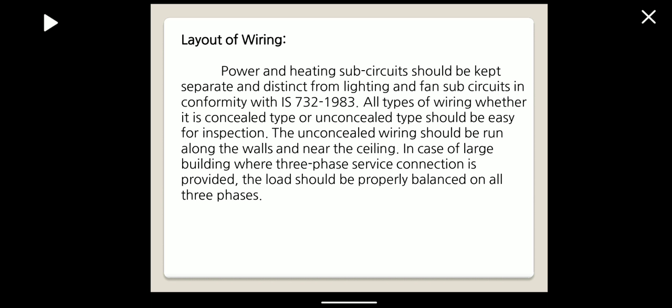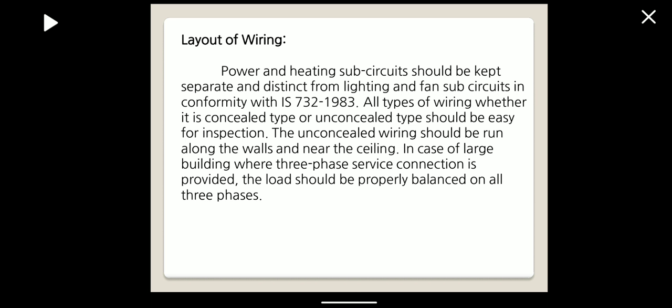Power and heating sub-circuits should be kept separate and distinct from lighting and fan sub-circuits, in conformity with IS 732 1983. All types of wiring, whether concealed or unconcealed, should be easy to inspect.